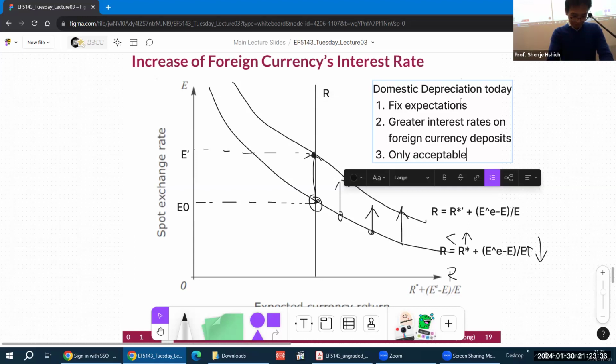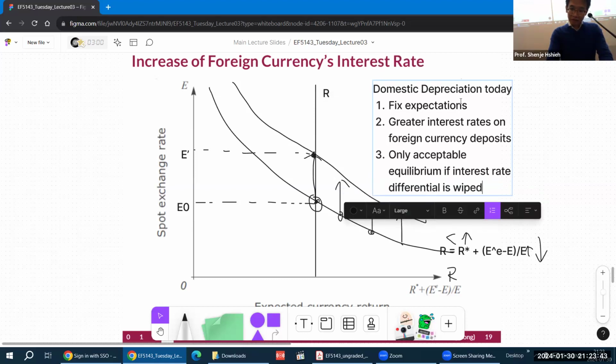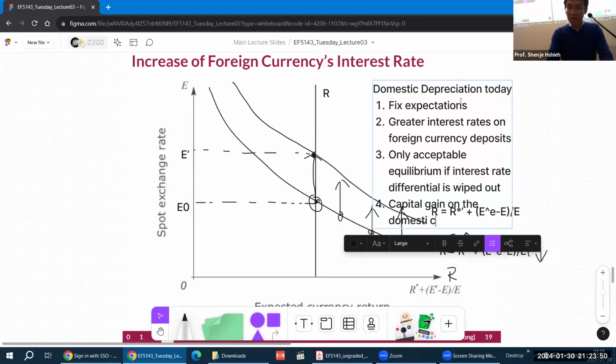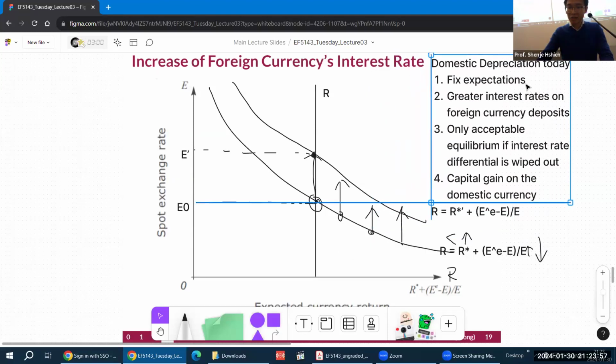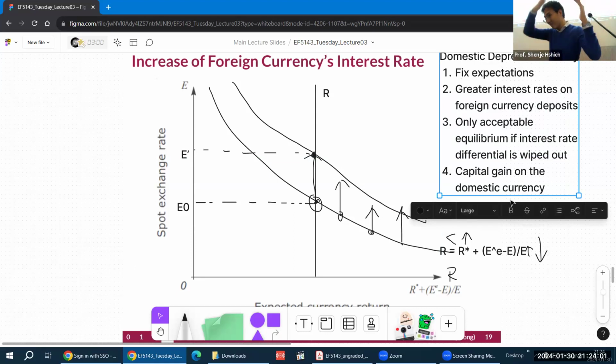The only acceptable equilibrium is if the interest rate differential is wiped out, and that's only possible if there's a capital gain on the domestic currency. It's a capital gain because we know that in the future, the new E prime has to decrease in value towards E hat E, because we didn't change our anchor, our expectations.